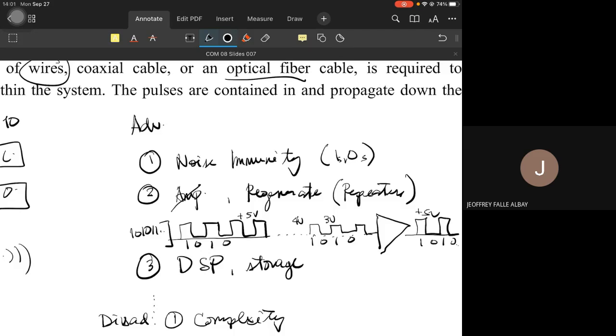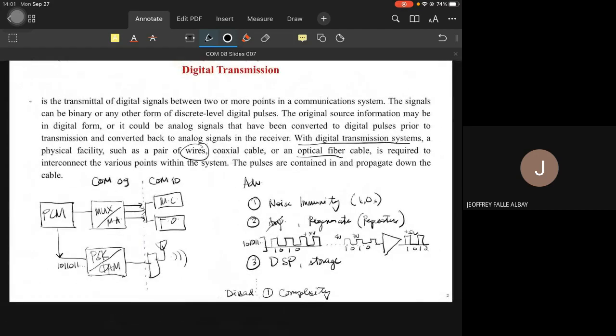So ma-overshadow ra ang mga disadvantages like complexity, mas increased nga physical facility, like cost siguro, no? It will translate to cost, but okay na siya. Doesn't matter because ma-overshadow sa advantages ang disadvantages. So those are just some of the main advantages and disadvantages of digital transmission communication.